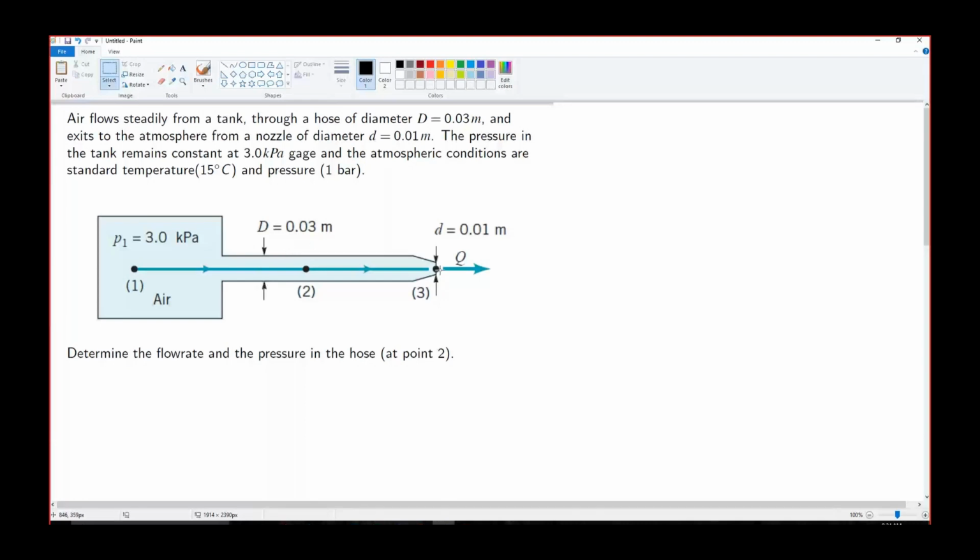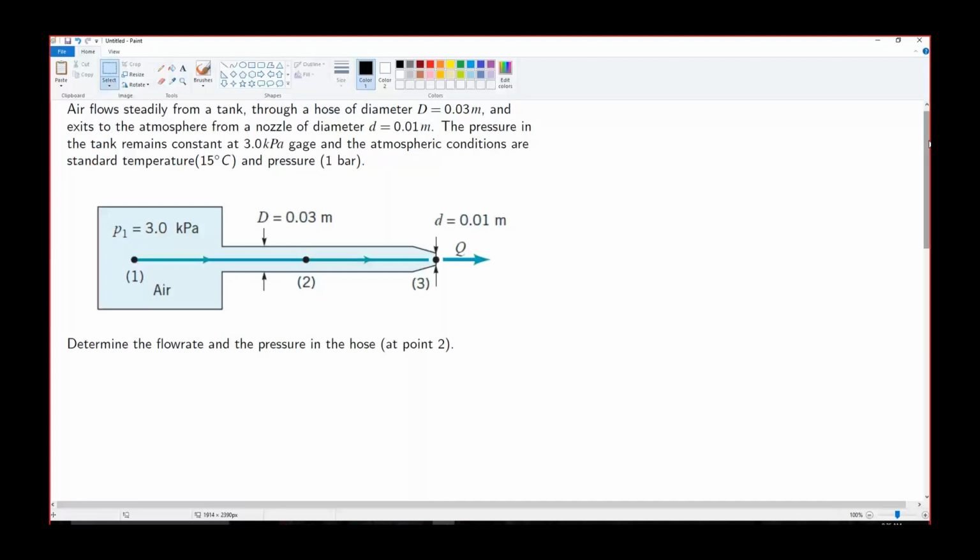Then it exits to the atmosphere from a nozzle of diameter 0.01 meters. The pressure in the tank remains constant at 3 kilopascals. There is some mechanism that keeps this pressure constant, and the atmospheric conditions are standard pressure and temperature, that is 15 degrees Celsius and pressure 1 bar. You need to determine the flow rate Q and the pressure in the hose at point 2. You need to calculate P2 and the flow rate Q.